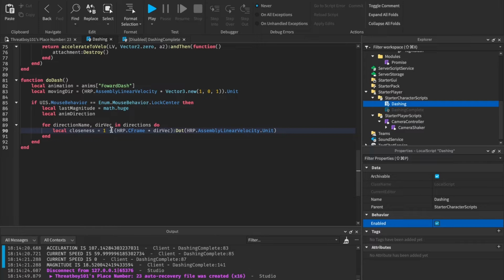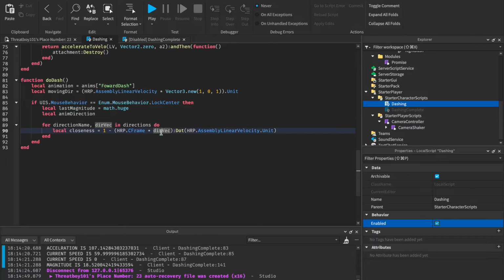I'm doing 1 minus that because we want this to be small if they are closer together. This is essentially what the dot product does: if this is the exact same vector as our movement vector, then this will be 1.